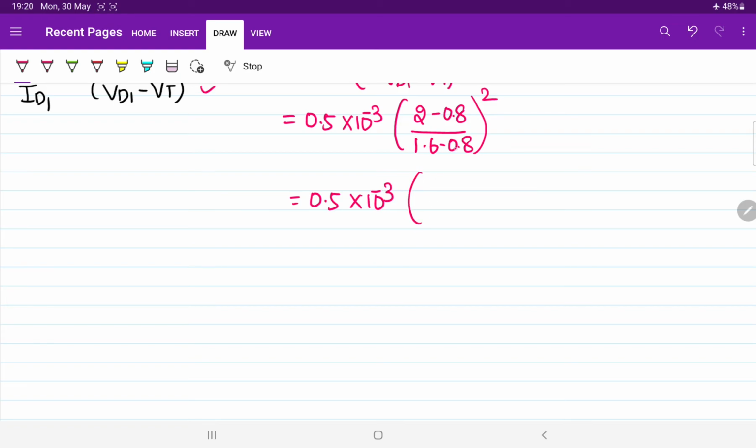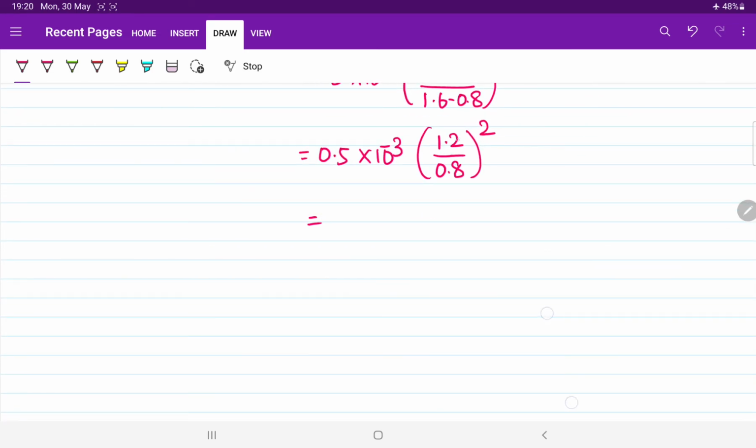This value will become 2 minus 0.8, which is 1.2, and 1.6 minus 0.8, which is 0.8, whole square. If I cancel 1.2 by 0.8, you can cancel by 4: 3 times 4 is 1.2, 2 times 4 is 0.8. So 3 by 2, and 3 by 2 whole square becomes 9 by 4.